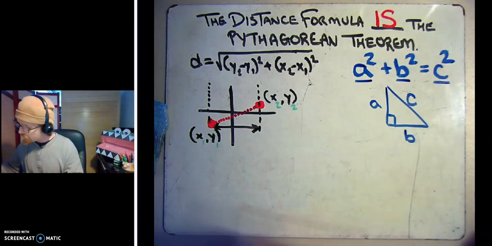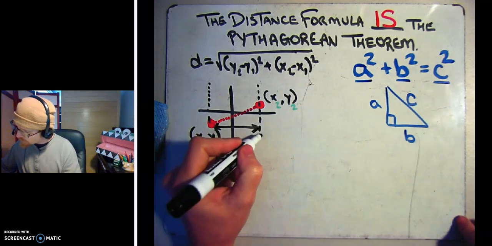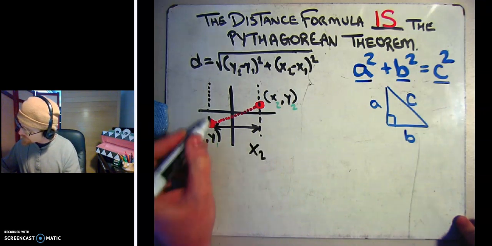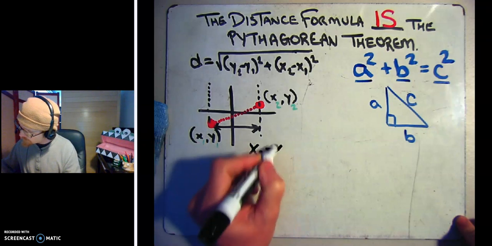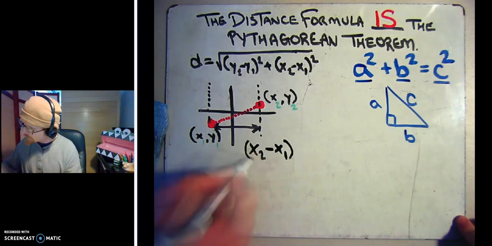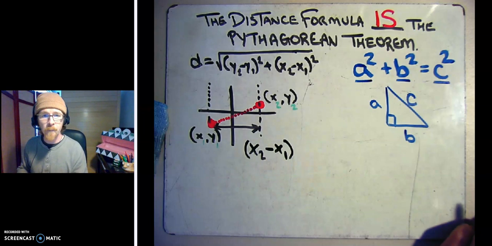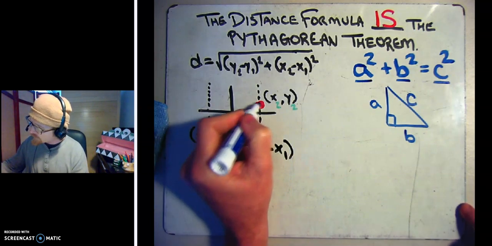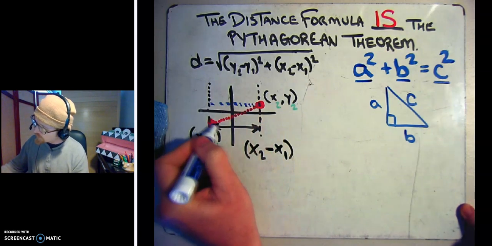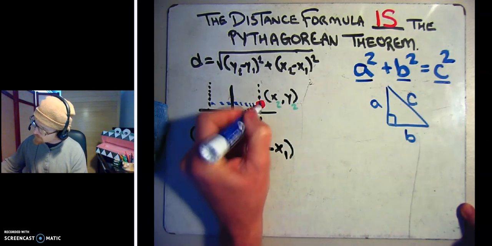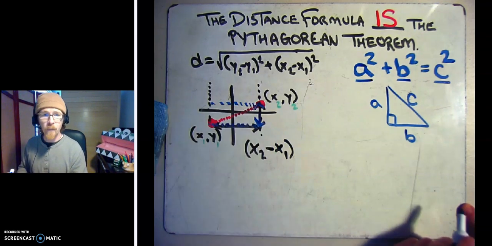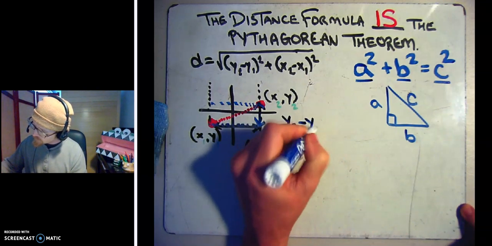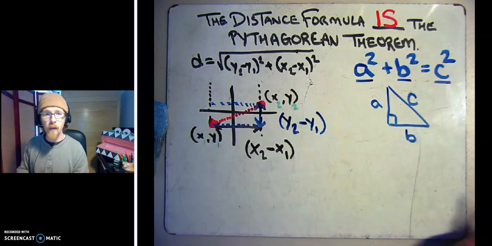If I know this x, x2, and this x, x1, I subtract those values and that tells me the distance. It works the same for the y's. This y point is up here, and this y point is down here. To find this distance, I take the y value from the top and take away the y value from the bottom.